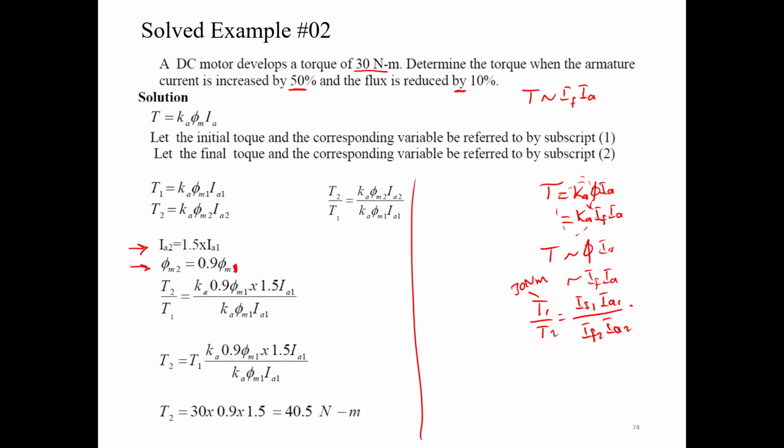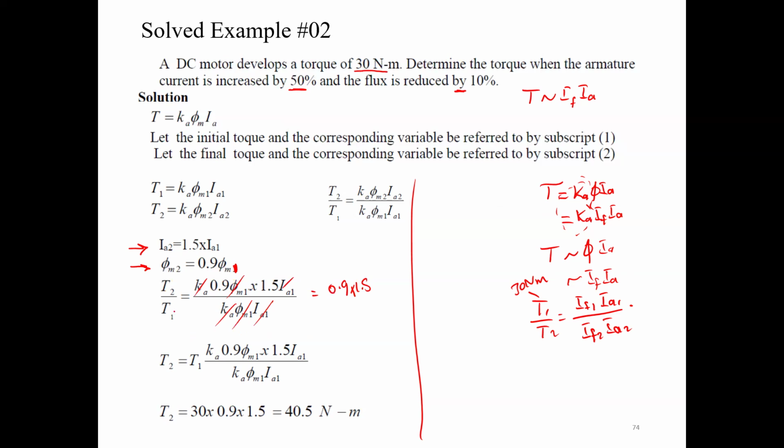So we can say now T2 divided by T1 equals 0.9 times 1.5 divided by 1, because flux will be removed, IA will be removed, and K is constant. So you can say this equals 0.9 times 1.5.